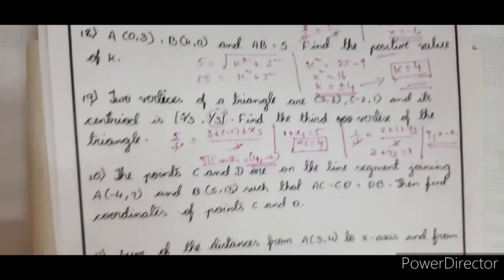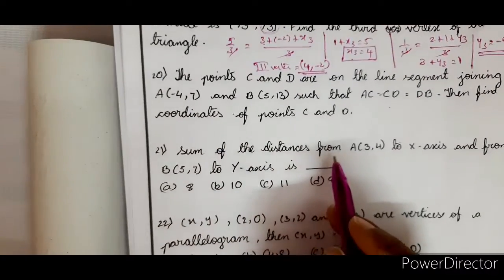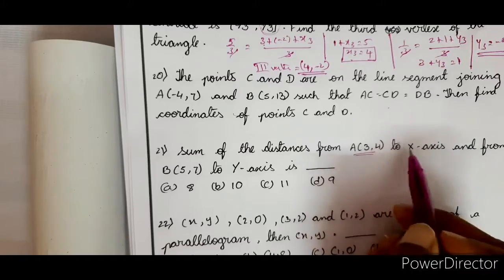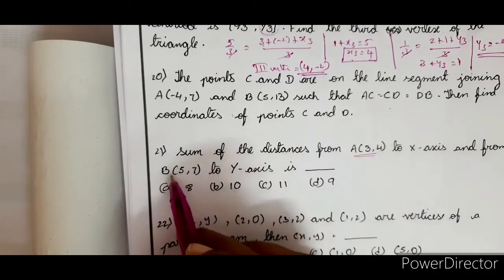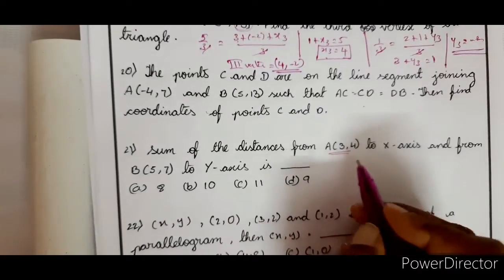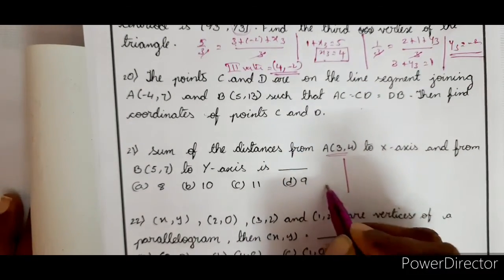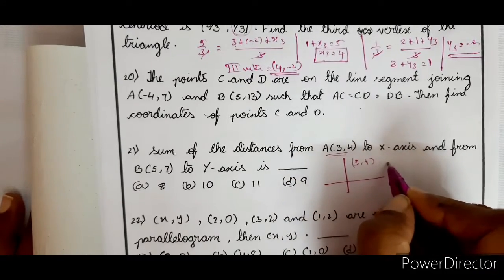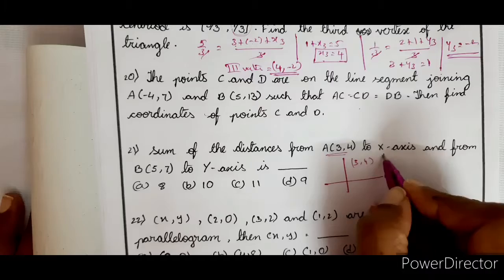Now the next problem. The sum of the distances from A(3, 4) to the x-axis and from B(5, 7) to the y-axis is. So I'll do it here only. Let's take the plane here. One is the point (3, 4) and the other is the point (5, 7) somewhere here.